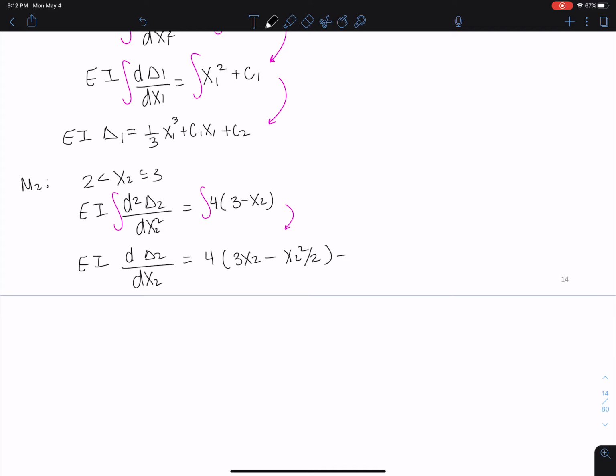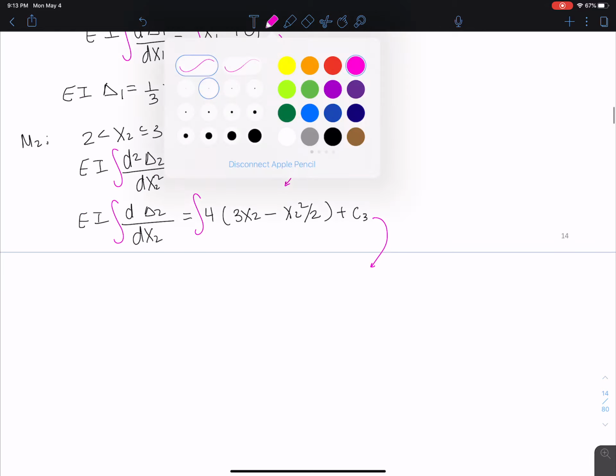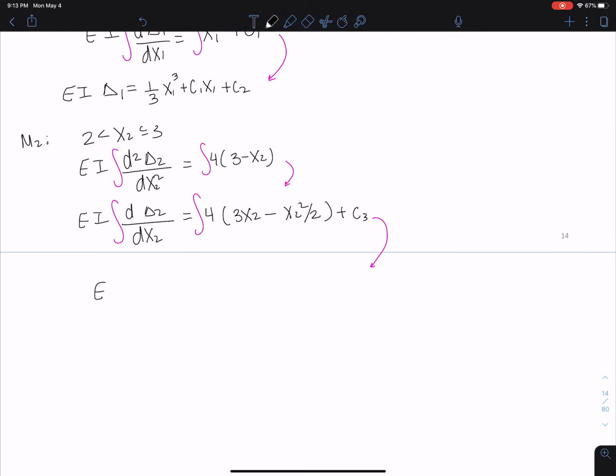And then I have plus another constant of integration. And then I can take another integral, and I can get EI delta 2 equals 4 times (3 over 2 x2 squared minus x2 cubed over 6) plus c3x2 plus another integration constant.